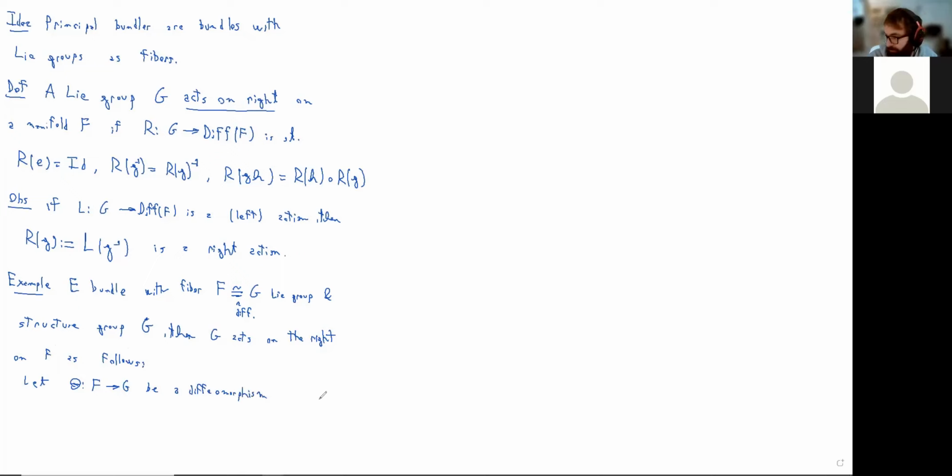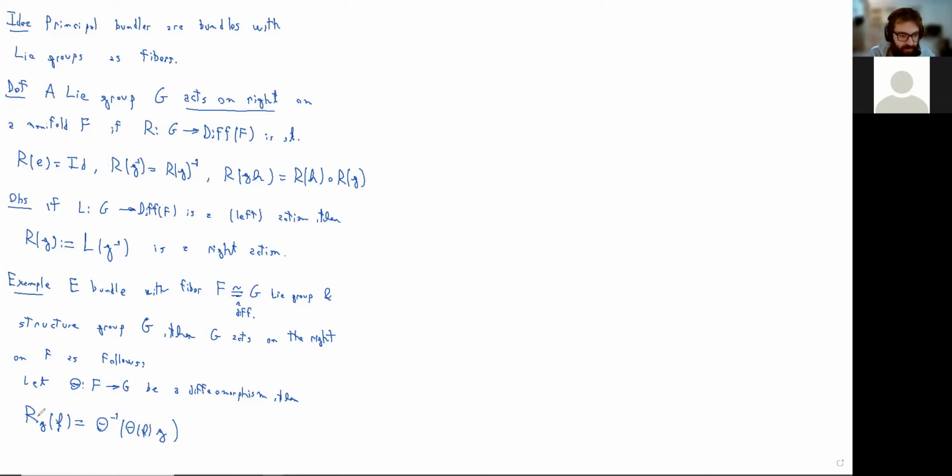Then we define R_G of F as theta inverse of theta F times G. So this theta F is an element in G. We just do this multiplication. This is a multiplication in G. Then we bring it back to F. Yeah? So this is our right action.